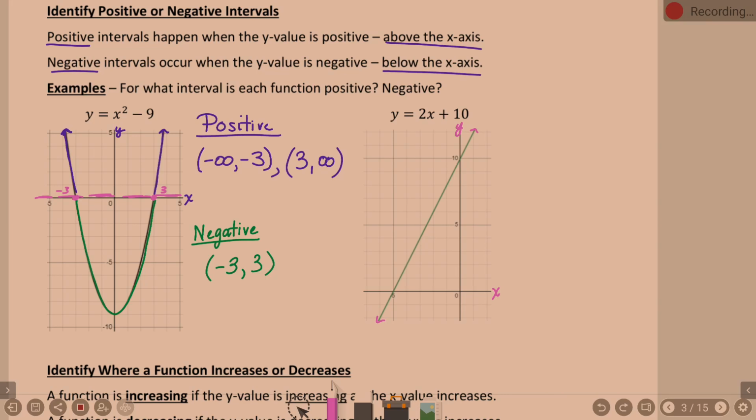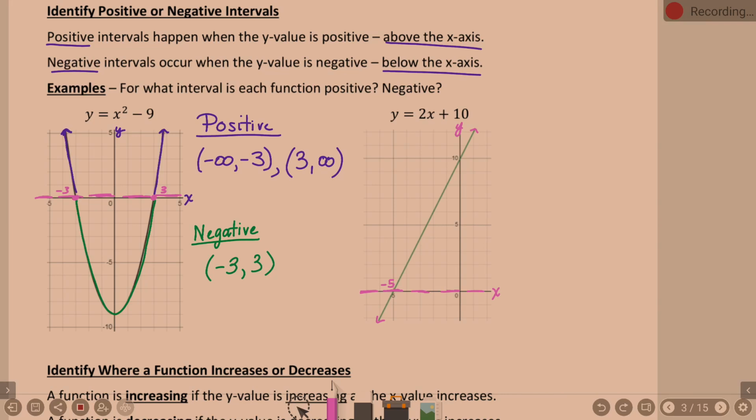And we want to know where it's positive and where it's negative. Where's it going to change between being positive and negative? It's going to change at the x-axis. What important point is that? Negative 5, if you look closely.